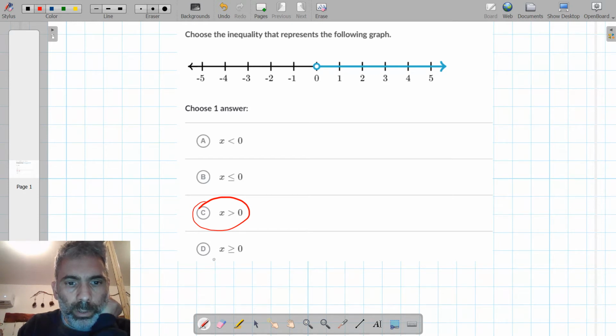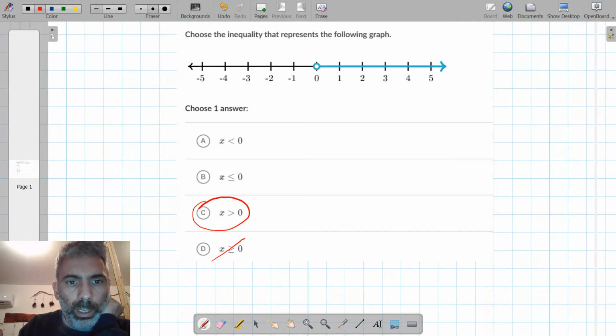So option D is not correct, because here it says x can be equal to 0 as well, not only greater than. And here the circle is hollow, which means that the graph does not include 0 itself.